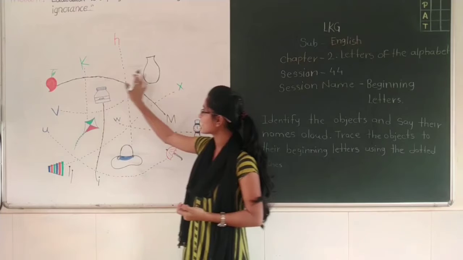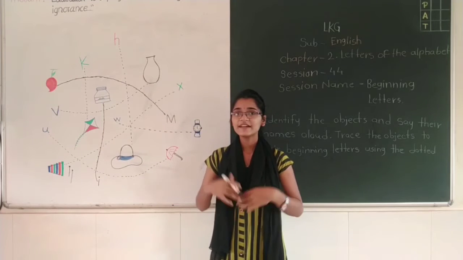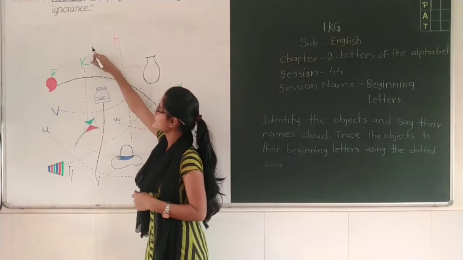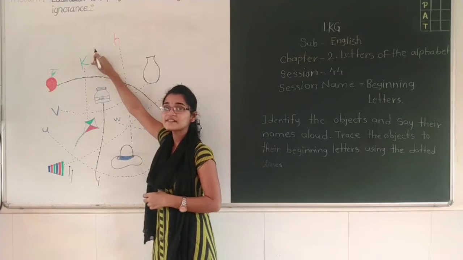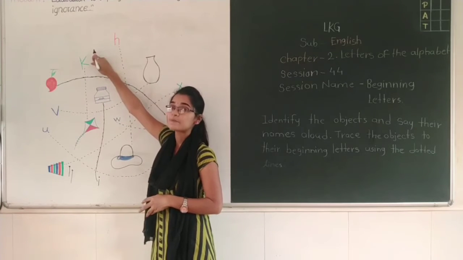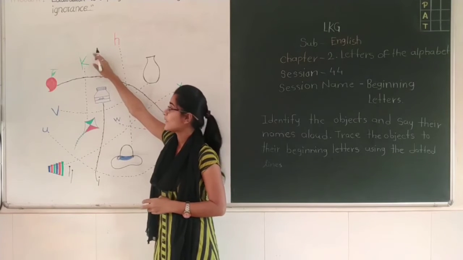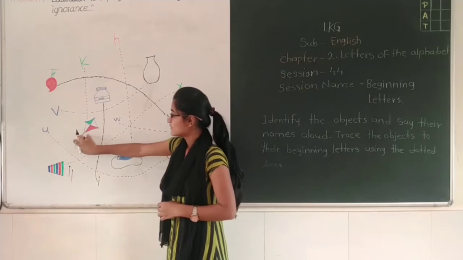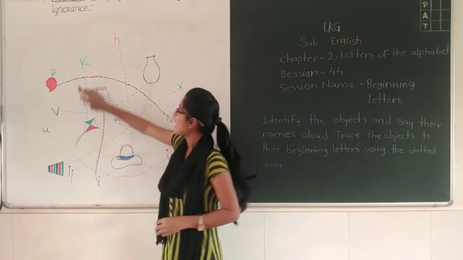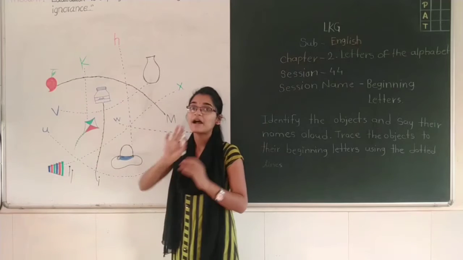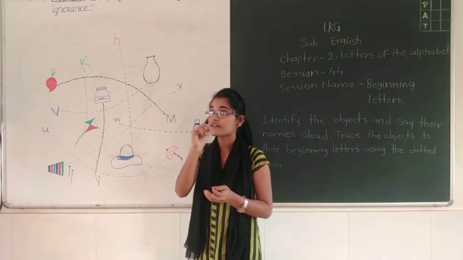Now where is letter K? Yes, look at here. This is capital K, right? And the spelling of kite starts from letter K. Now as you can see, the picture of kite and letter K is joined by dotted lines, right?